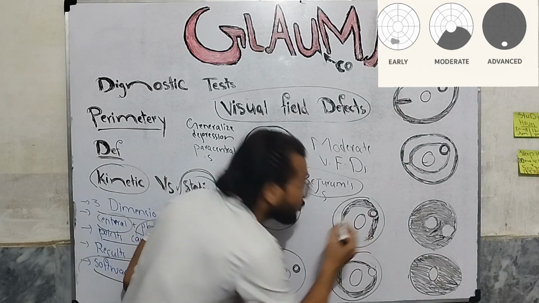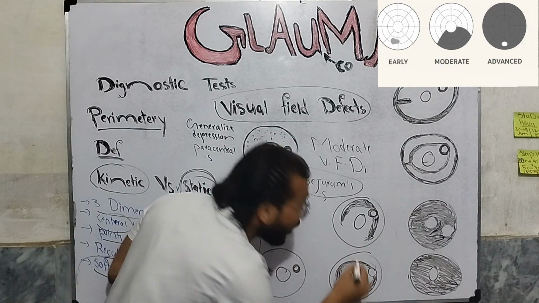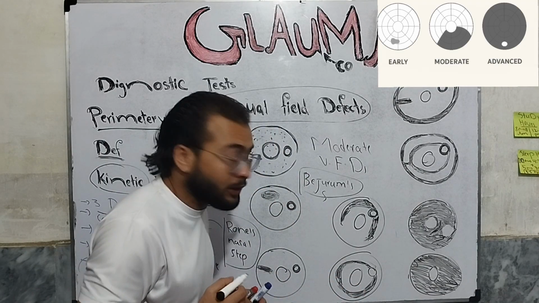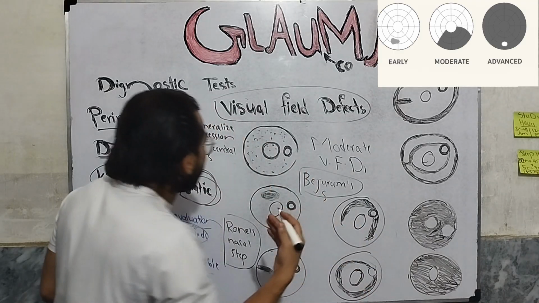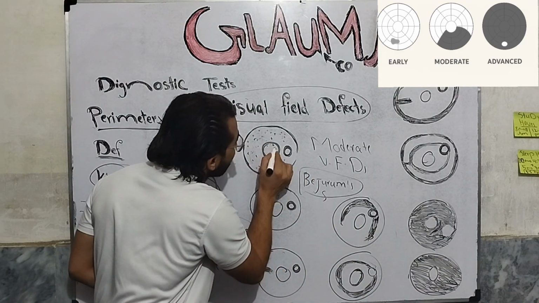Now this Bjerrum scotoma in the moderate visual field defects can extend all over the central visual field, as we have previously discussed in perimetry, that it represents the central visual field.